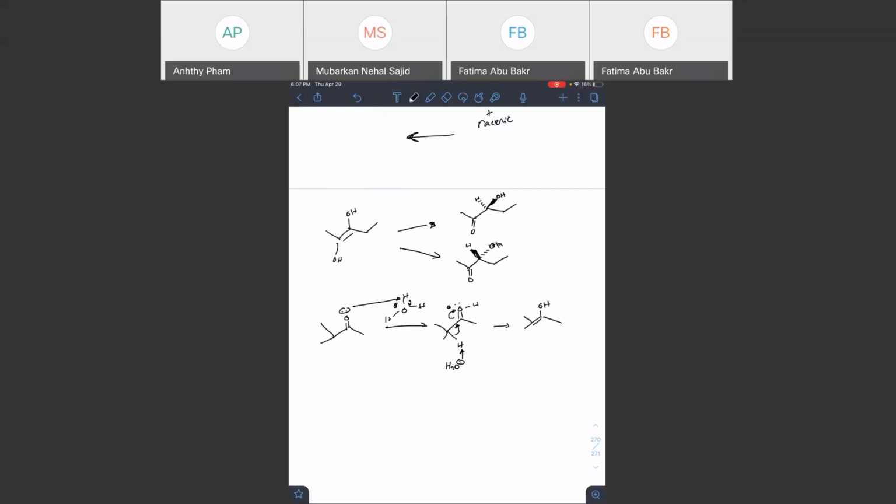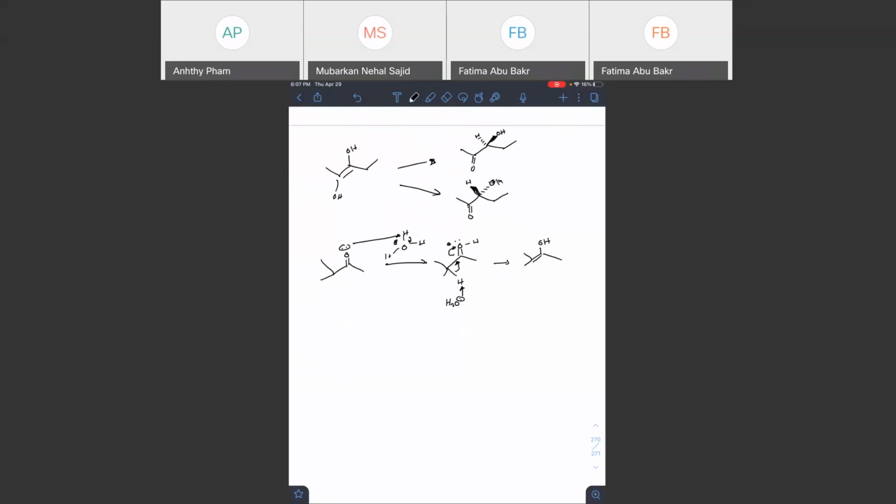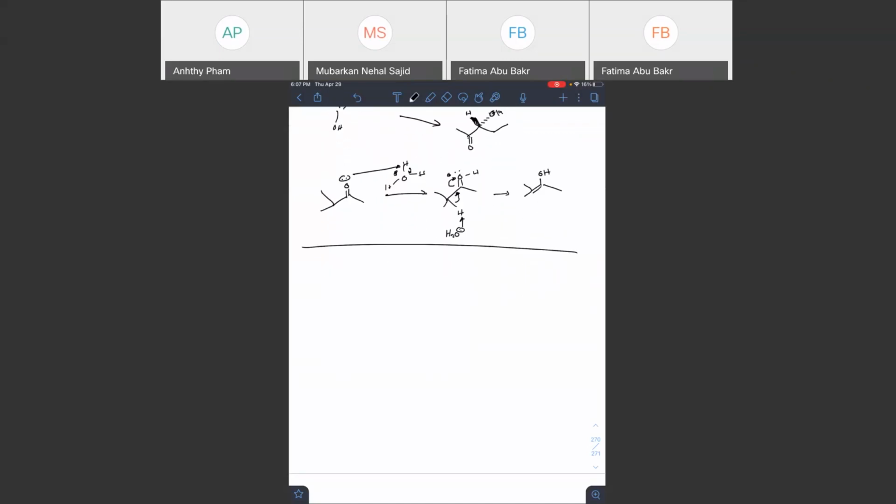Okay, so this is a Hell-Volhard-Zelinsky reaction. A Hell-Volhard-Zelinsky reaction is just going to add an alpha halogen to a carboxylic acid. So we've already added an alpha halogen to a carbonyl, but in this case we have a carboxylic acid instead, and we're trying to add an alpha halogen.